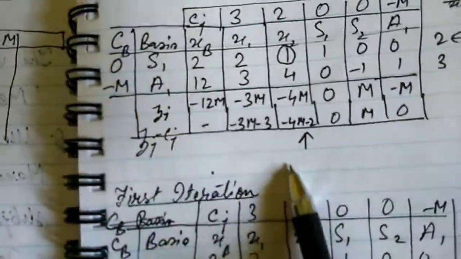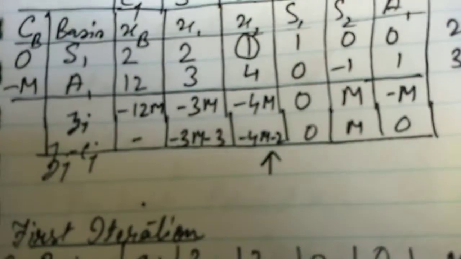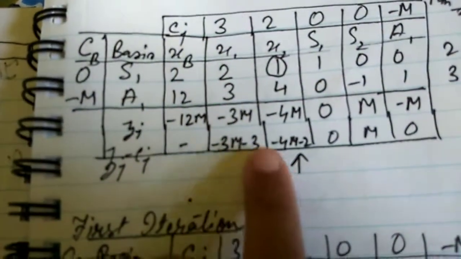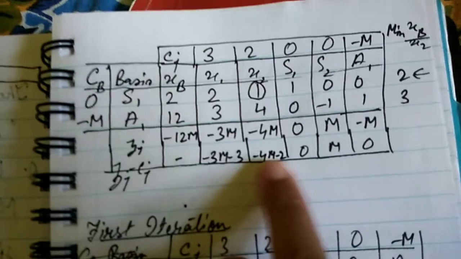Now, since m is a big value, if it is getting attached with the 4 and it is again getting attached with 3, then which one is going to be the highest negative? It is going to be minus 4m, because 4 is more than 3. So, it will be minus 4m only.